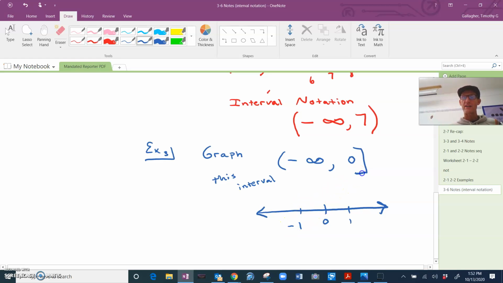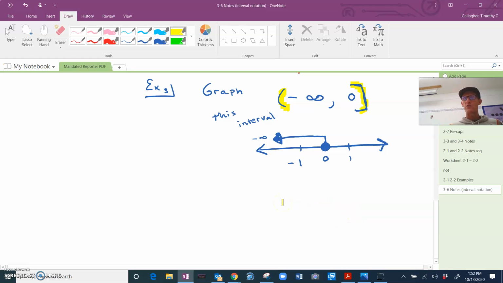So this bracket says that 0 is going to be filled in. Now, all the numbers to negative infinity are this direction, to the left. So the interval notation for this third example is right here, but our task was to try to graph it.